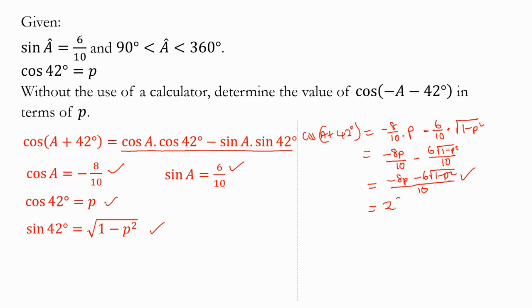You get negative 4p minus 3 square root of 1 minus p squared, all over 10. Then 2 into 2 is 1, 2 into 10 is 5. It simplifies to negative 4p minus 3 square root of 1 minus p squared, all over 5. Okay, done. So we're going to meet when we do question 10b.